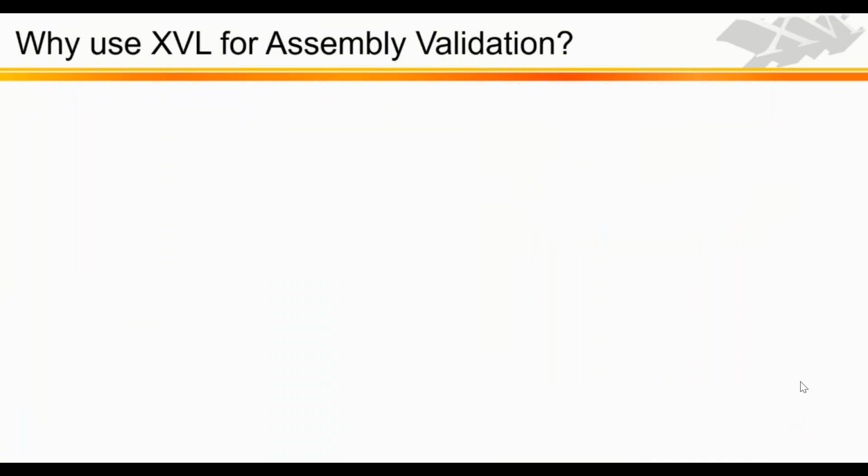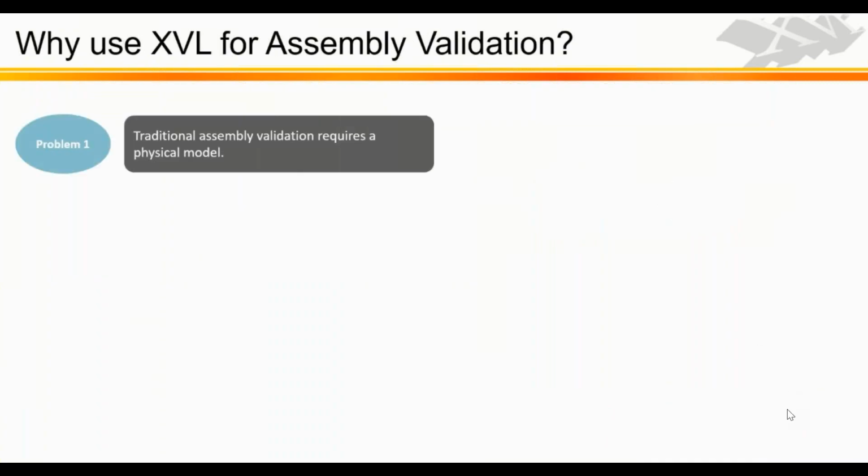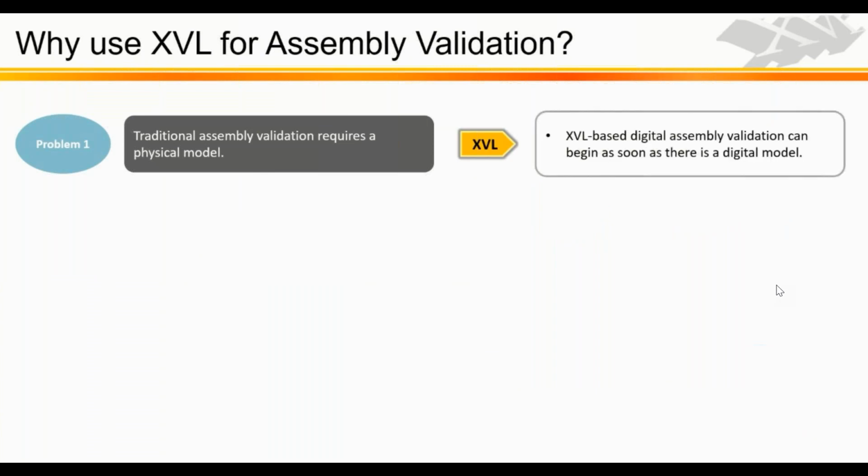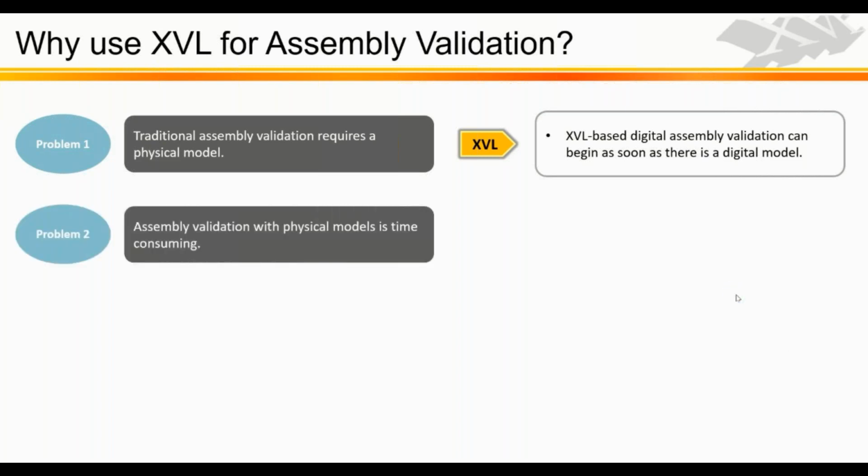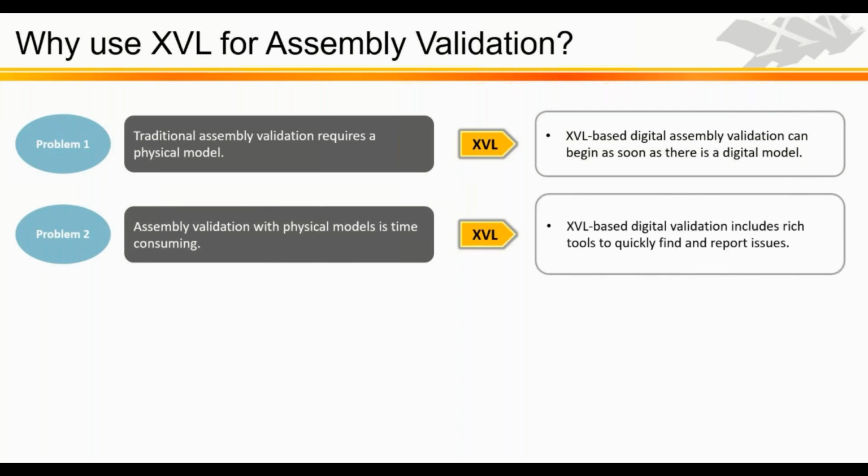Why use XBL for assembly validation? Well, as we just saw, traditional assembly validation requires a physical model, but XBL-based digital assembly validation can begin as soon as there is a digital model. Also, it's time-consuming to validate assemblies using physical models, but XBL-based digital validation includes rich tools to quickly find and report issues.